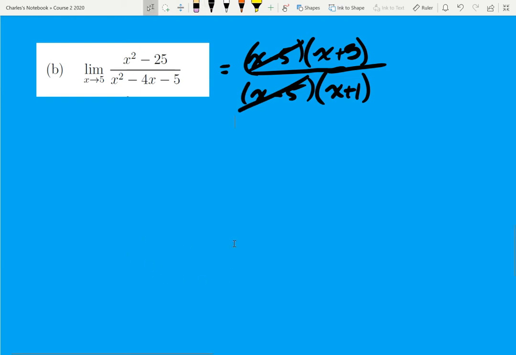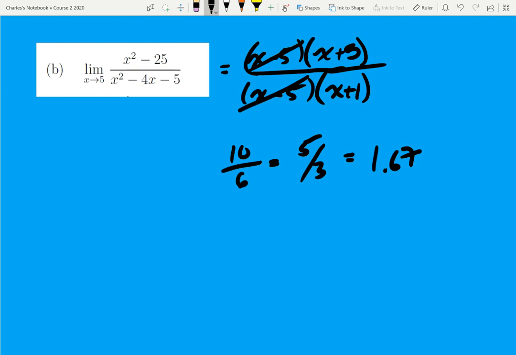And what that means is that this function is exactly identical to x plus 5 over x plus 1, except for at one particular point, and I'll show you what that one point is. But when I plug in 5 to x here, I get 5 plus 5, which is 10. I get 5 plus 1, which is 6. 10 over 6, which is 5/3, which is also 1 2/3.